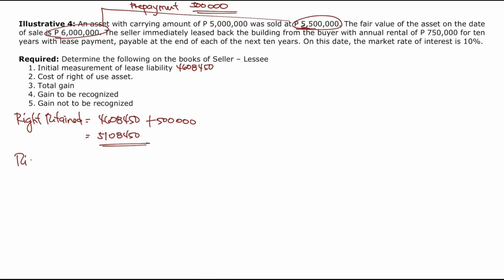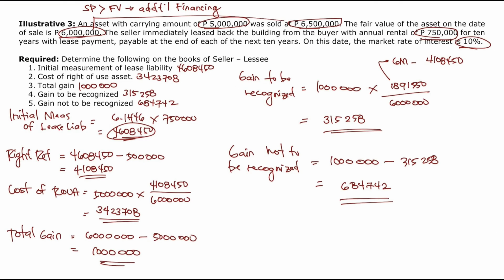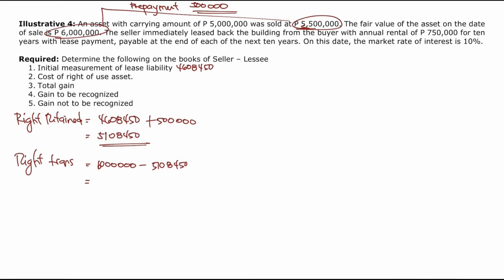Then our right transferred, on the other hand, is equal to the fair value of 6 million pesos minus the right retained of 5,108,450, or this is equal to 891,550.